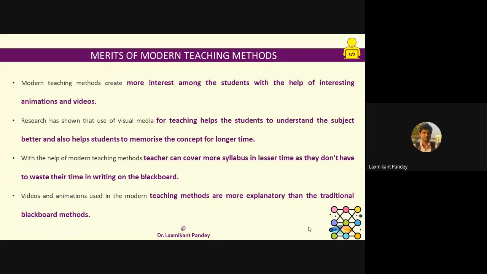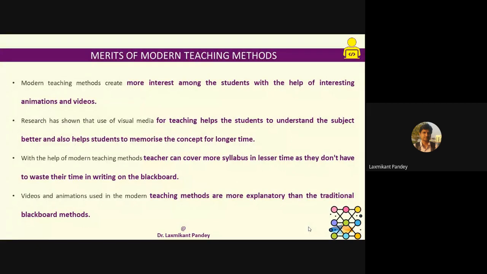In the older teaching methods, the involvement of the teacher was more, but students' involvement was very less. But with the modern teaching methods, the involvement of the students is also taking place. So nowadays the teaching is student centric, and because of that, educators can create more interest among the students by using those gadgets.